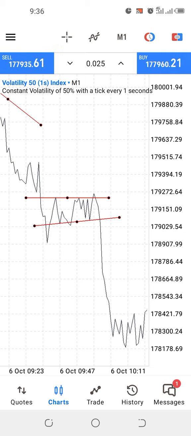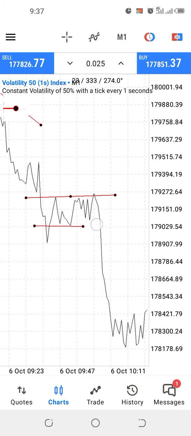At this point, for example, you connect two resistance lines together, and two support lines together. Whenever price gets to this support line again, it means that the support or resistance is strong, and it's an indication that price may reverse at that point.